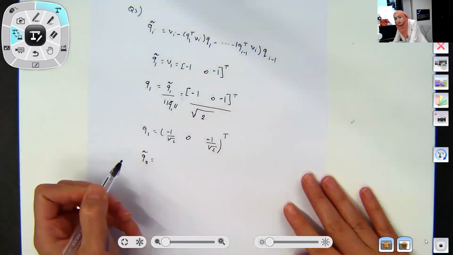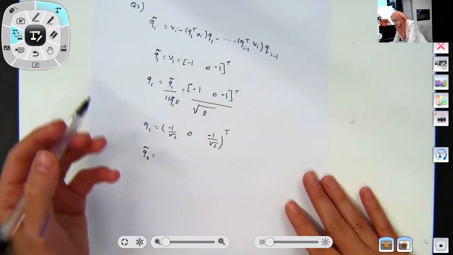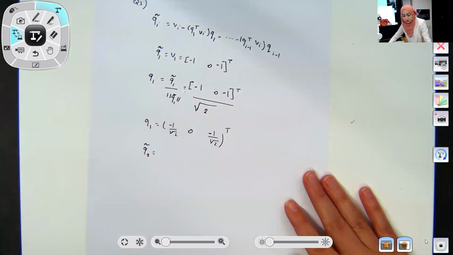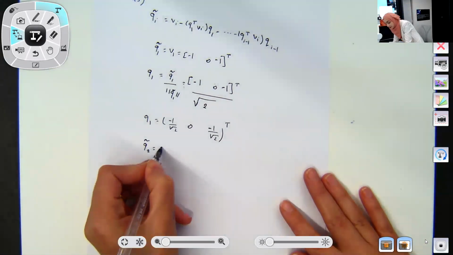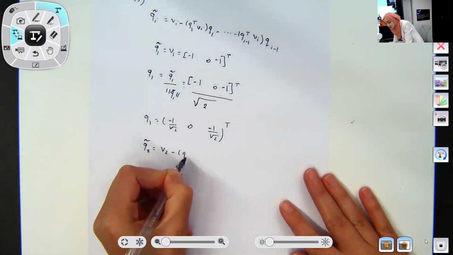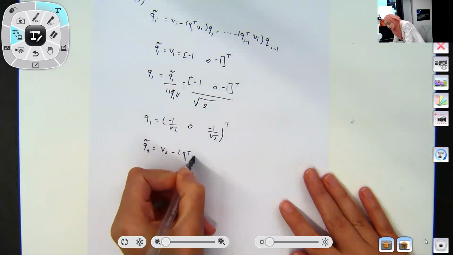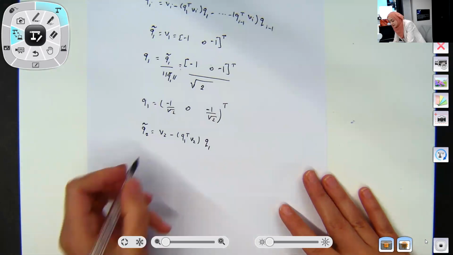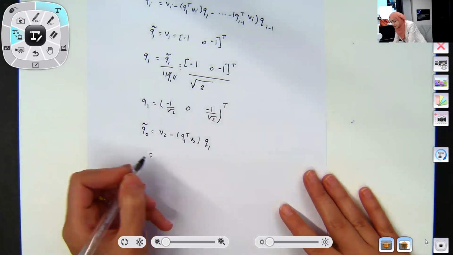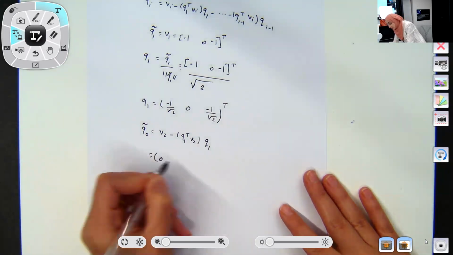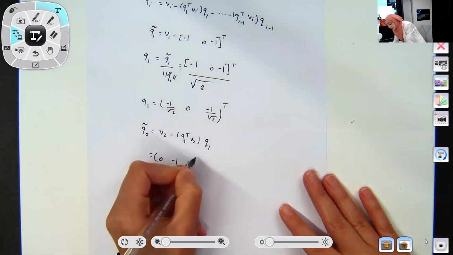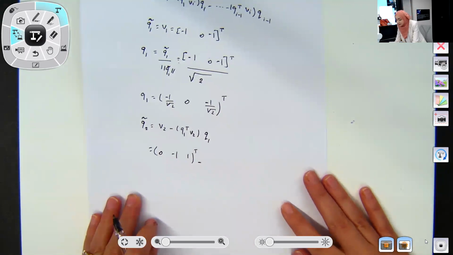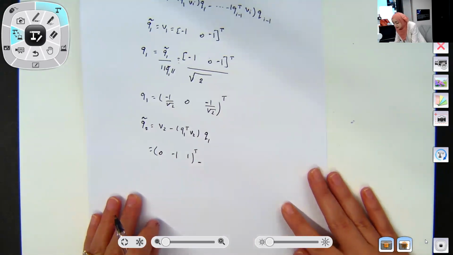The value of Q2 tilde, if you substitute in Gram-Schmidt, you will get Q2 tilde equals V2 minus Q1 transpose inner product with V2 multiplied with Q1. The value of V2 from the question is 0, minus 1, and 1 transpose. We need to find an inner product between Q1 transpose and V2.